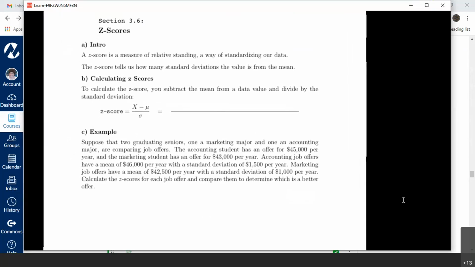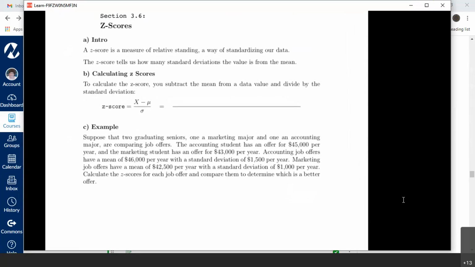What is it? Well, it's a measure of relative standing. Another way to put it is, if you have a normal distribution with a given mean and standard deviation, the z-score is, if you were to convert that into a standard normal distribution, it tells you how far away from the mean that score is.